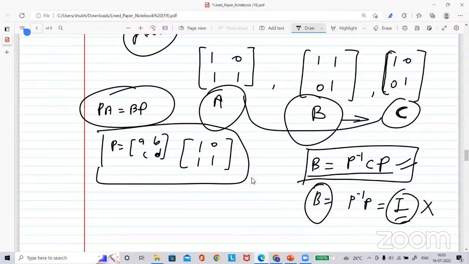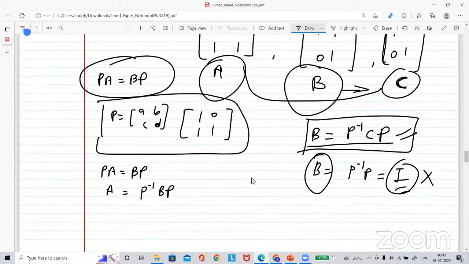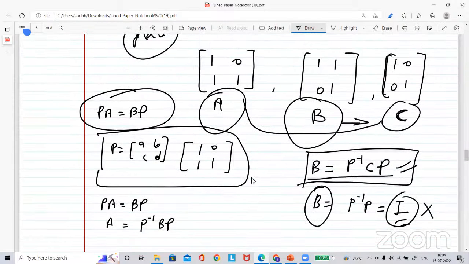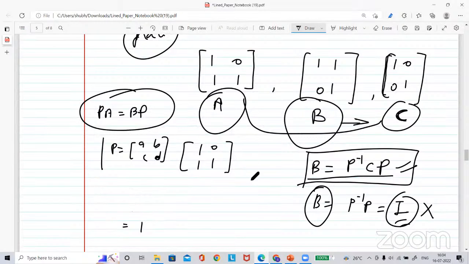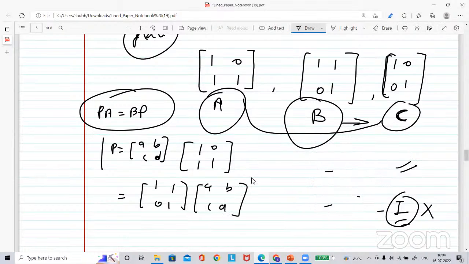Now your A here: it is saying PA is equal to BP, or maybe A is equal to P inverse BP, which should happen. So take P as A B C D, and this is your A, 1 0, and BP is again the same thing. Take BP, 1 1 0 1, and P is A B C D. So what is the multiplication?